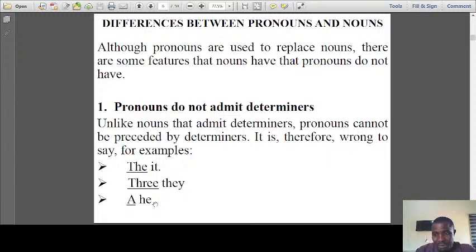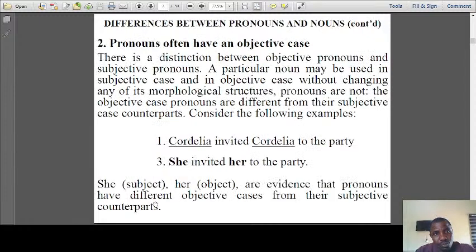Take note of that. Number two, pronouns often have an objective case. Now, remember in our discussion of nouns, our last lecture, we talked about nouns occupying the subject position and the object position, because majorly we discuss the position of each part of speech.